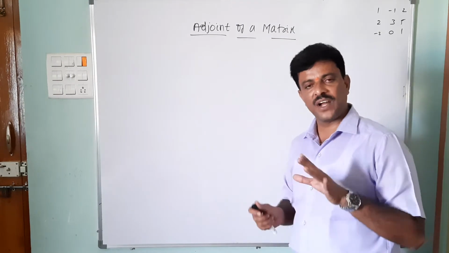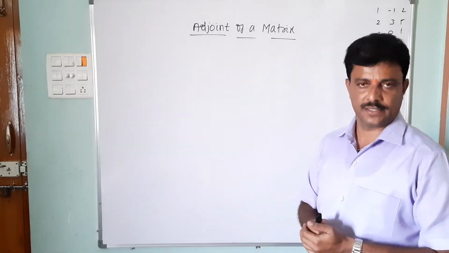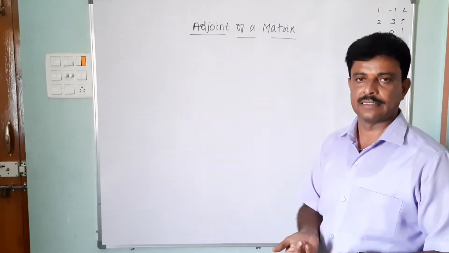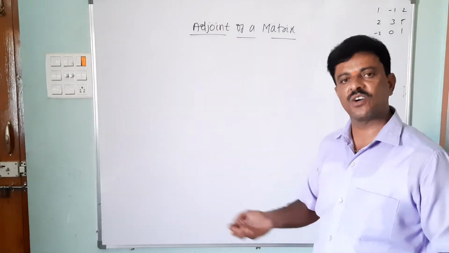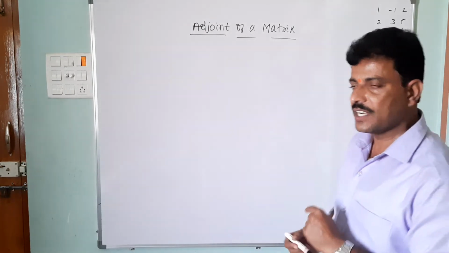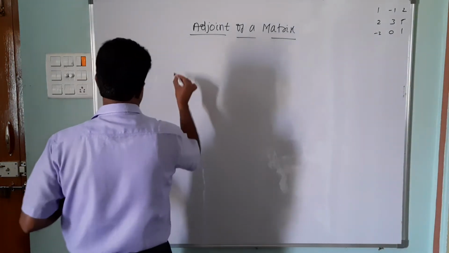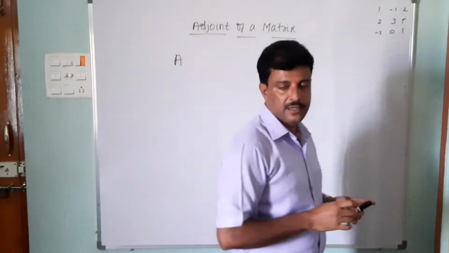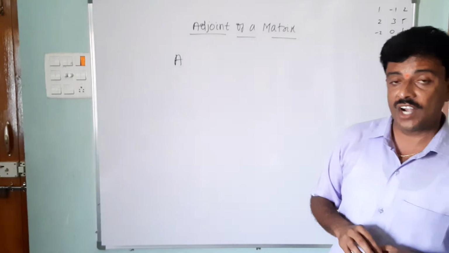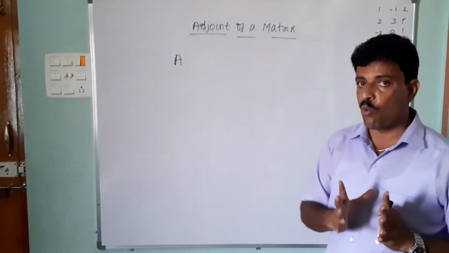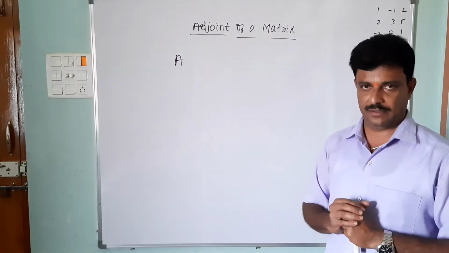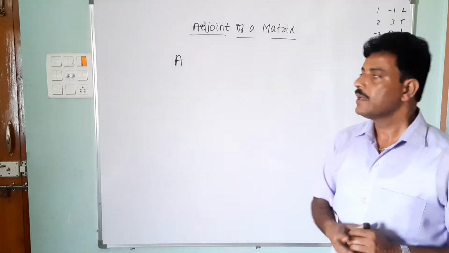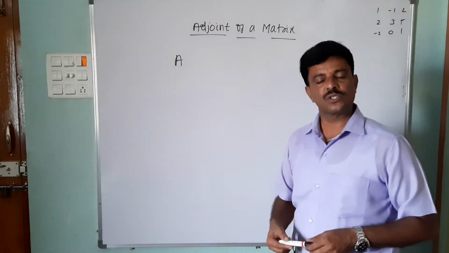That is called the adjoint of a matrix. In the last class we already found some cofactors. You write them in matrix form, then interchange, and that is called the adjoint of a matrix. A is a square matrix. One very important point: the adjoint of a matrix is defined only for a square matrix.